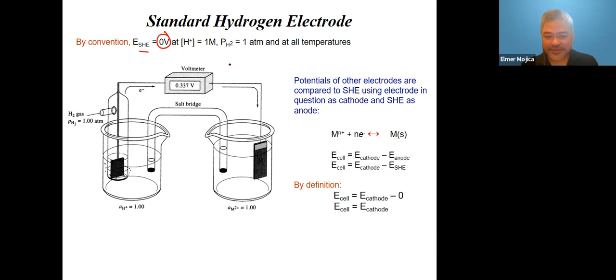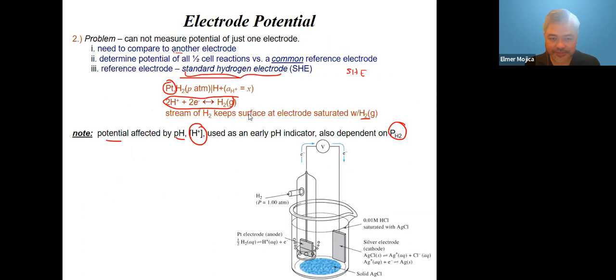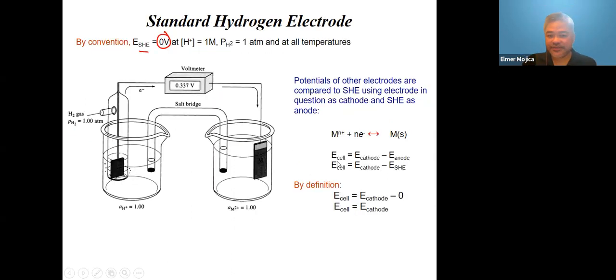Okay. Because if you're going to look at the reaction that is happening, so this is what you have, right? So if the reaction is reversed, like this one, your reduction potential there is still equals to 0. Okay.